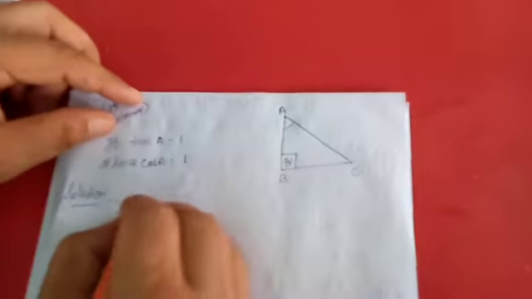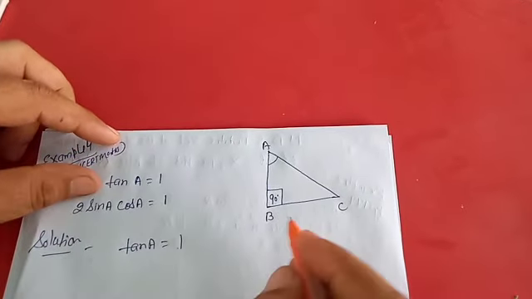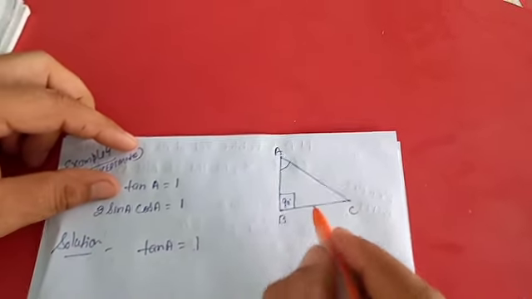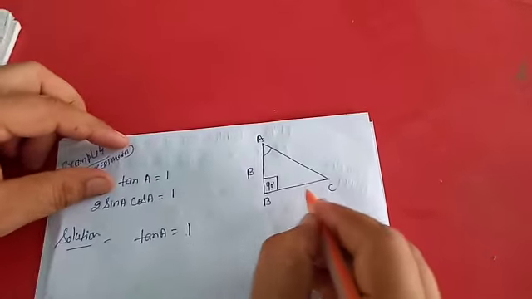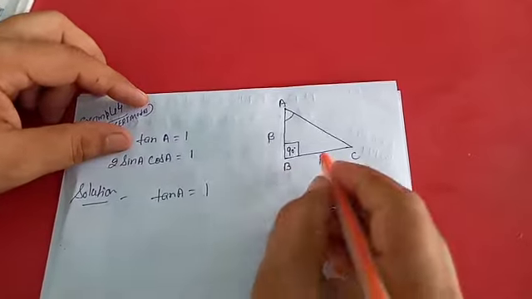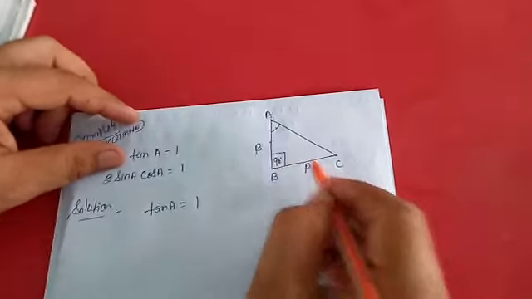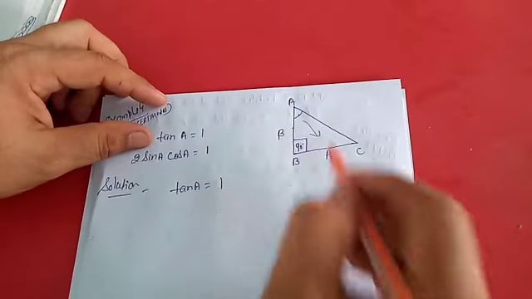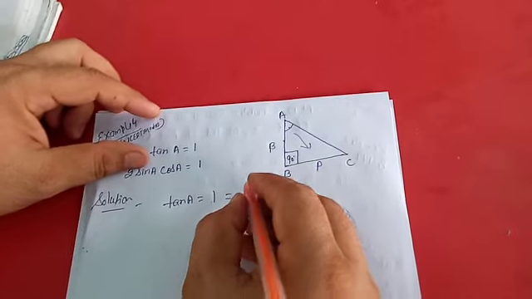So solution: it's given tangent A equal to 1. What is tangent A? Perpendicular by base. So the angle is this, so the adjacent side is base and opposite to this angle is perpendicular, equal to what?